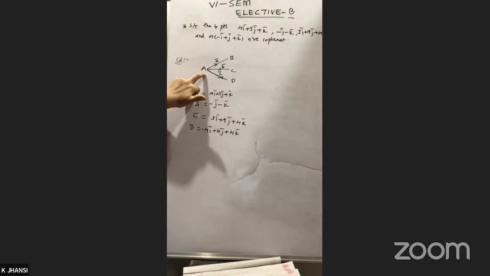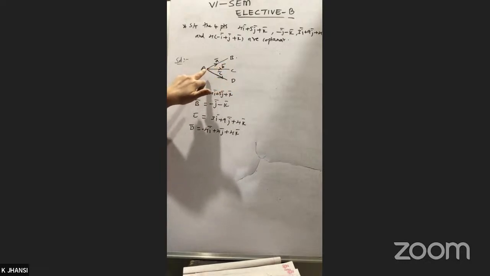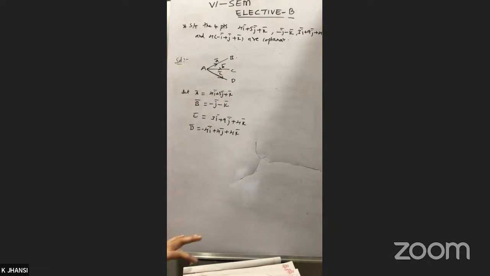If you represent it here, this is the vector A. With the help of this we have to find AB, AC, and AD. These 4 points lie in the same plane. Coplanar in the sense they lie in the same plane. If the question says show that they are non-coplanar, it means one point will be lying outside the plane.